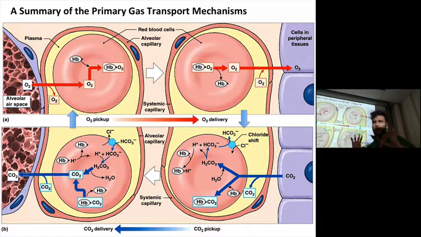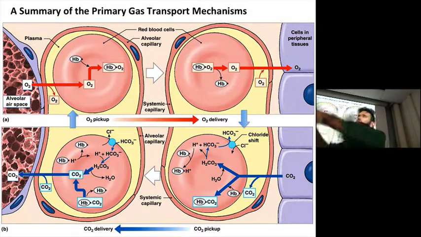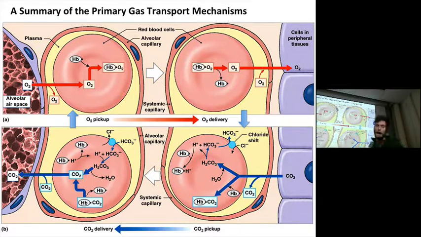And I'll say that the process by which we transfer carbon dioxide to the lungs is a little bit more complicated, actually. There's more branches. So first of all, certainly hemoglobin is going to pick up some of the carbon dioxide and transfer it, absolutely. Some of it is going to turn into carbonic acid and dissociate into bicarbonate and the hydrogen ion. Hemoglobin will pick up that hydrogen ion and transport that.